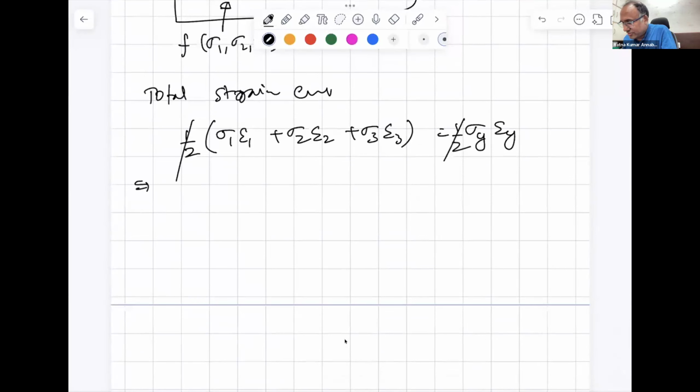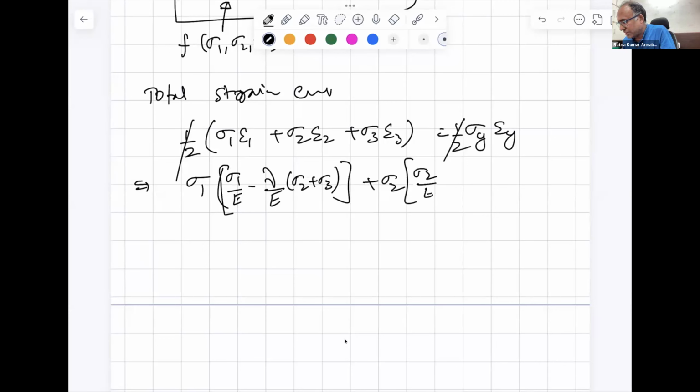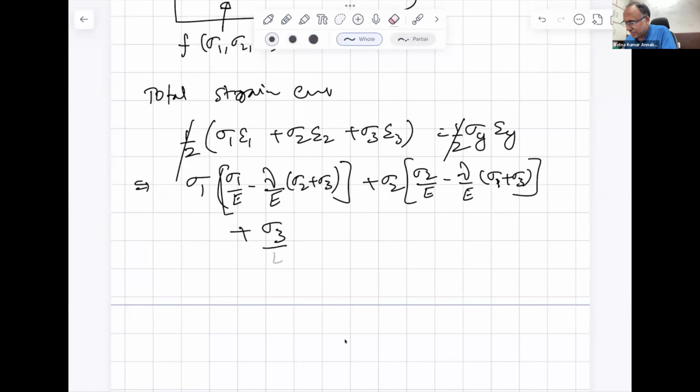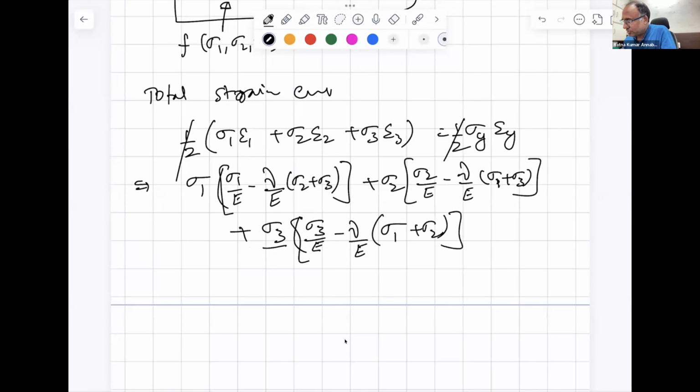That implies sigma 1 epsilon 1, where epsilon 1 can be written as sigma 1 by E minus mu by E times sigma 2 plus sigma 3, plus sigma 2 into sigma 2 by E minus mu by E times sigma 1 plus sigma 3, plus sigma 3 into sigma 3 by E minus mu by E times sigma 1 plus sigma 2, is equal to sigma y epsilon y. Epsilon y is what?